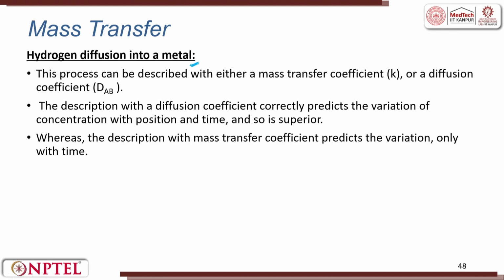Some examples are hydrogen diffusion into metals. This process can be described with either a mass transfer coefficient K or a diffusion coefficient D. The description with the diffusion coefficient correctly predicts the variation of concentration with position and time. So, hydrogen embrittlement is there, whereas the description with the mass transfer coefficient predicts the variation only with time.